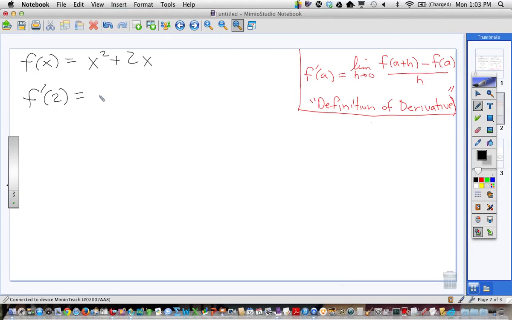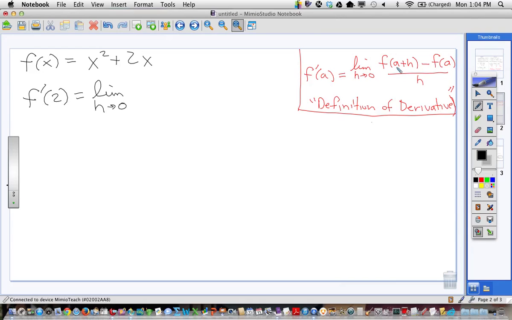All right. Well, here's what we're going to do. We're going to use this definition. So the first thing you write down is limit, h approaches 0. All right. Now, notice we're doing f prime of 2. You can kind of think of this as a formula we're just plugging into. I got 2 sitting here where the a is, right? So what's that mean?